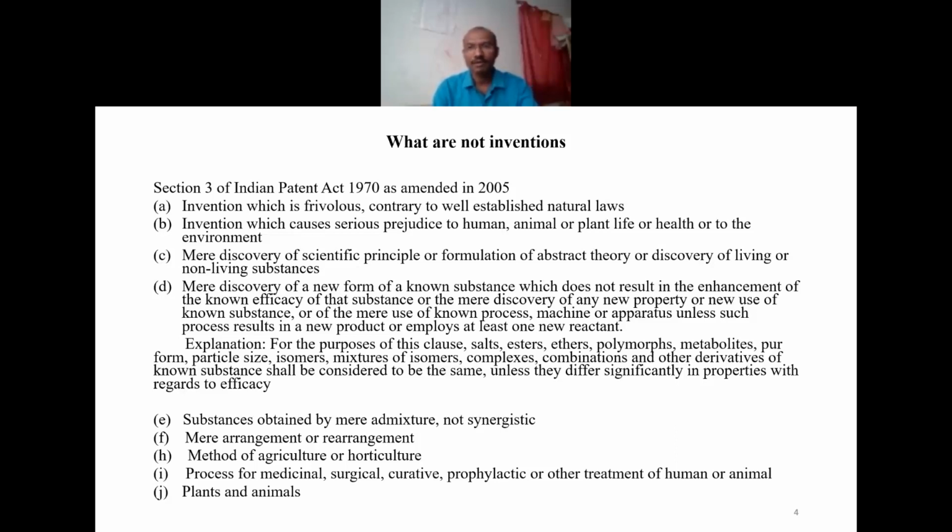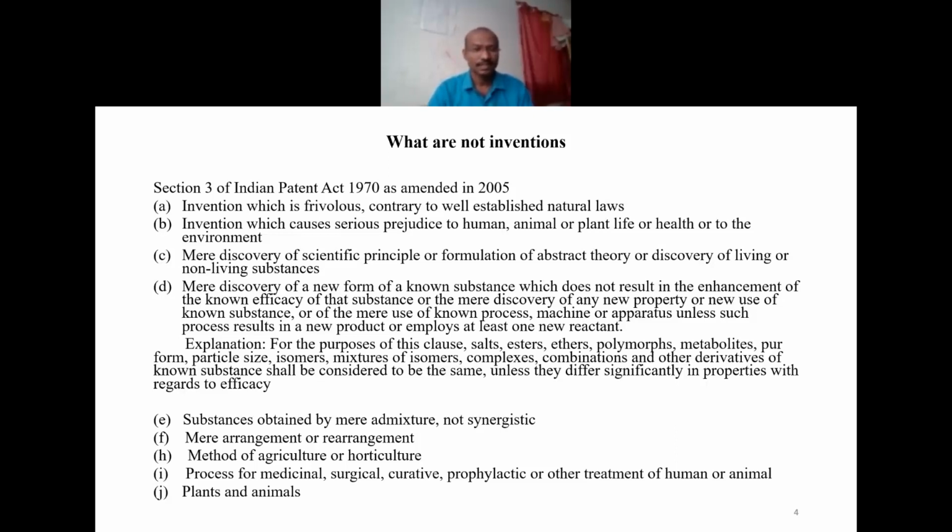If you are discovering something which is a living thing or non-living thing, then it is not called an invention, it is just a discovery. So section 3D, which I'm going to talk about, is a very important section, a much debated section, which differentiates Indian patent law from that of other countries, developed countries like the United States.